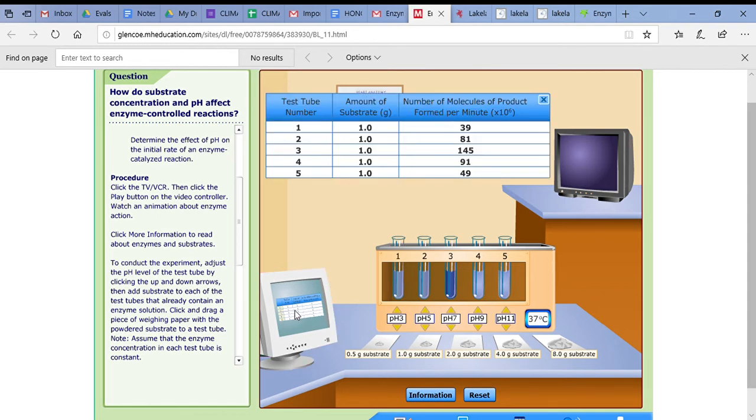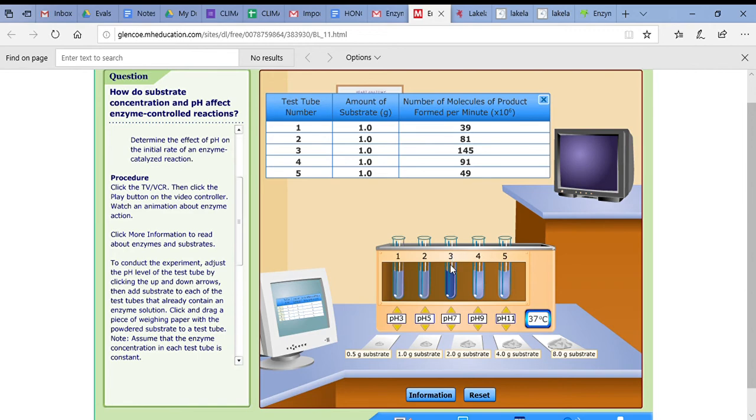Okay, I get the same trend of results, where I get the most product with pH 7. The enzyme is working best at pH 7, but I'm actually getting more product than I did when I added half of the substrate. So when you add more substrate, I get more product so far.